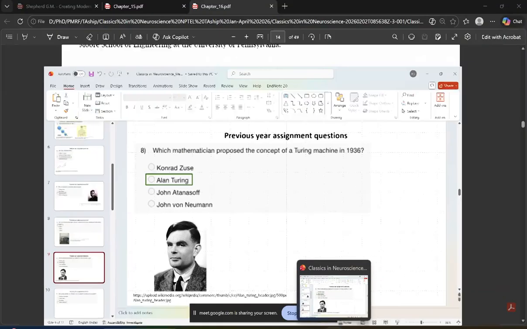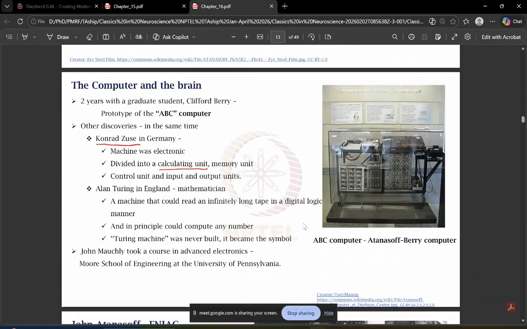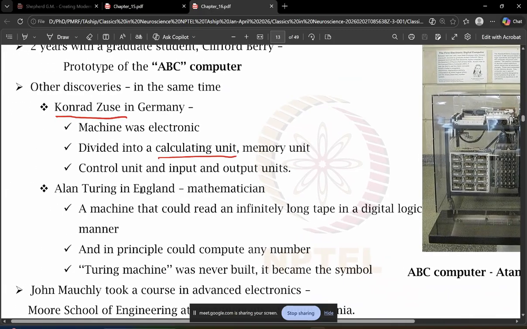Alan Turing was a mathematician in England, and he proposed that there could be a machine which could read an infinitely long tape in a digital logic manner. In principle, theoretically, it could compute any number, or carry out any computer algorithm.